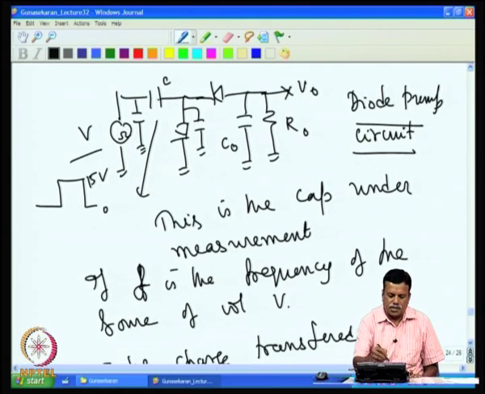The capacitor under measurement may have capacitance on both sides to ground, and this capacitor contributes little to the output, because when the diode is conducting, this capacitor is discharged and the other capacitor gets charged along with this. When it goes to 0, this also discharges, and this contributes little to the output.